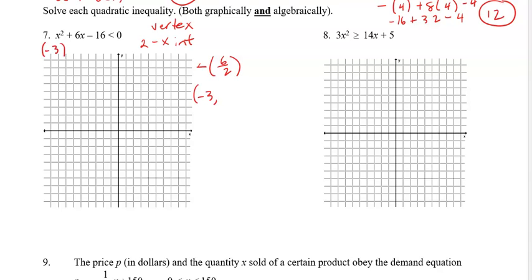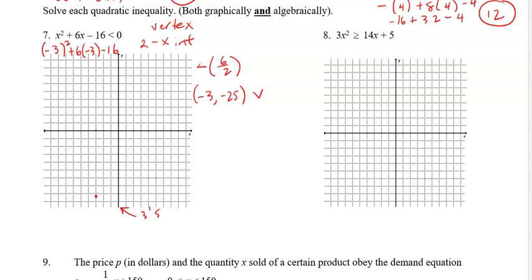And now we're going to put negative 3 in to find out what the rest of the vertex is. So 9 minus 18 is negative 9, minus 16 is negative 25. So that's the vertex. And since that's going to be more spaces than I've got, I'm just going to make the y-axis in 3s so it'll fit. So negative 3 is right here, and then 1, 2, 3, 4, 5, 6, 7, 8. That would be negative 24, and then just a little bit below that is my vertex.